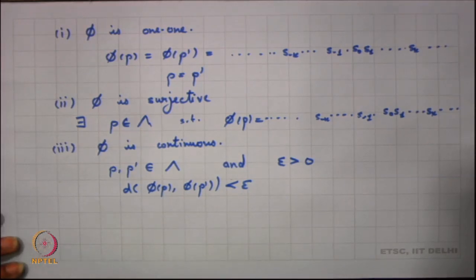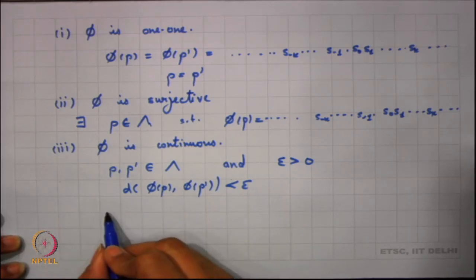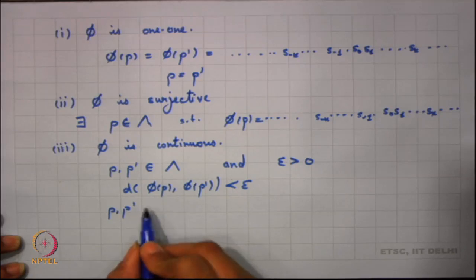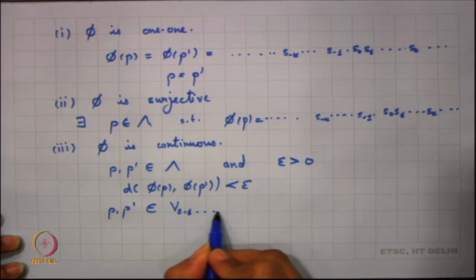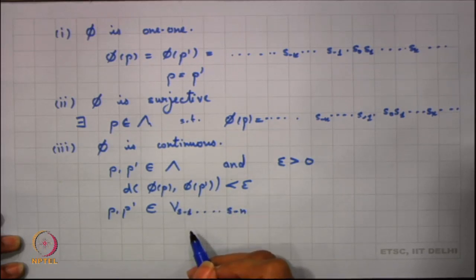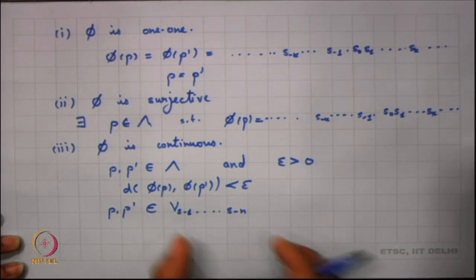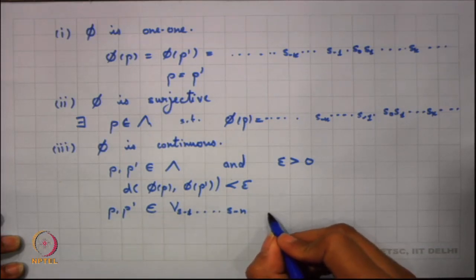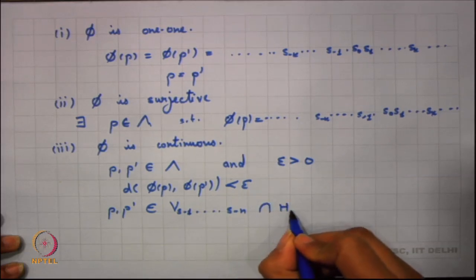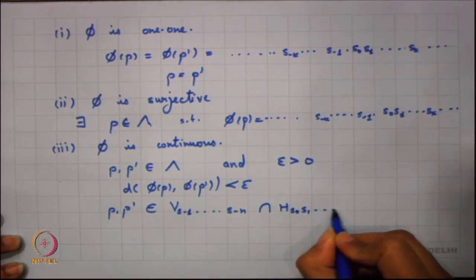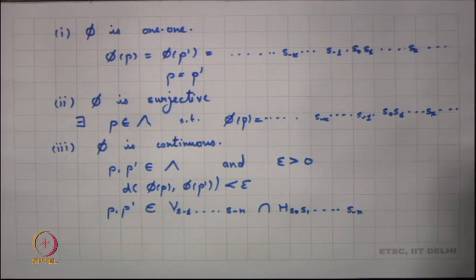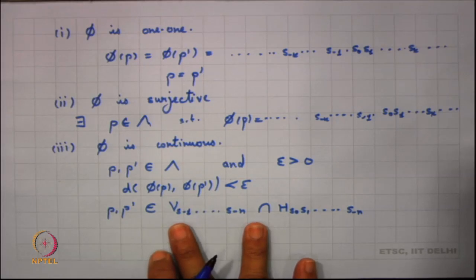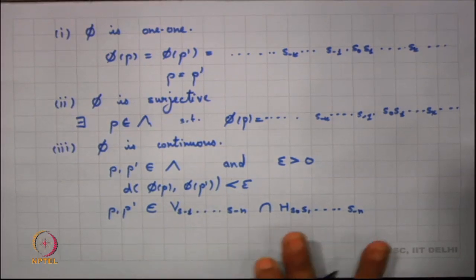That means we can say that now at the finite stage, my p and p prime both belong to, say, V s minus 1 up to s minus n, this vertical rectangle, and I should say intersection with H s naught s 1, say up to s minus n plus 1, or maybe I can take s minus n, does not matter. So, that means that my p and p prime both belong to the intersection of this vertical rectangle with this horizontal rectangle.